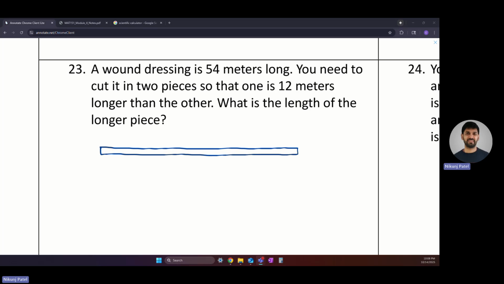And in total, it's 54 meters. And you want to cut it somewhere. Do you want to cut it only in one specific spot? So I'm just going to make an arbitrary cut right there. Now we want to make sure that that cut results in 2 pieces where one is 12 longer than the other.